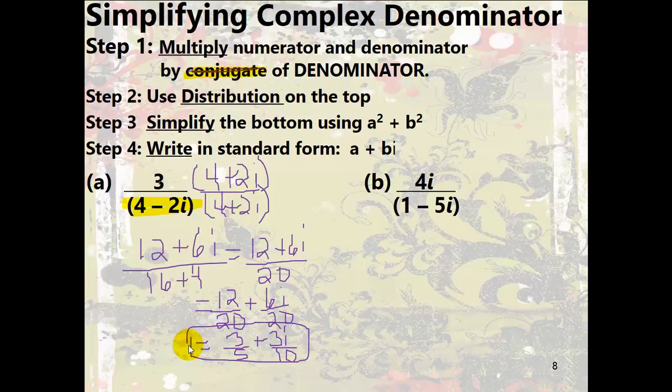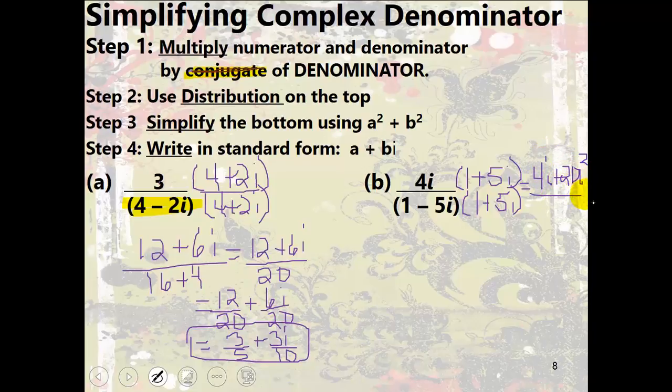This next one, we're going to multiply by the conjugate of the denominator, 1 plus 5i, on the top and the bottom. So that's going to give me 4i plus 20i squared over 1 plus 25. I'm going to substitute in a -1 for i squared.